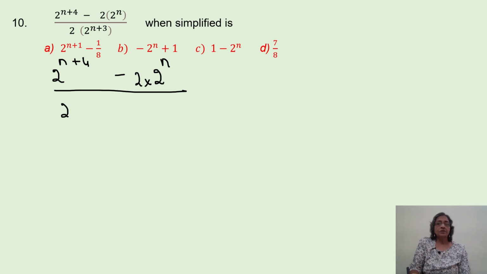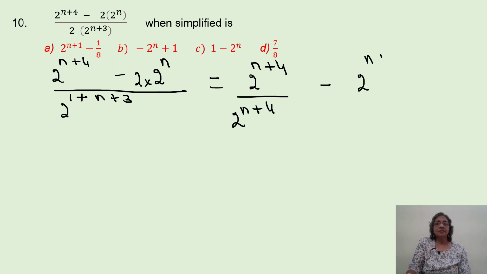Denominator 2 raised to 1 plus n plus 3. Bases are the same in the denominator, so this becomes 2 raised to n plus 4. I'm separating out the terms here. Numerator, this will become 2 raised to n plus 1 because this is a 1 here. And denominator is 2 raised to n plus 4.